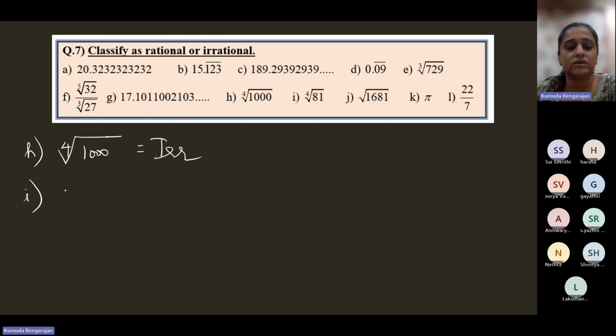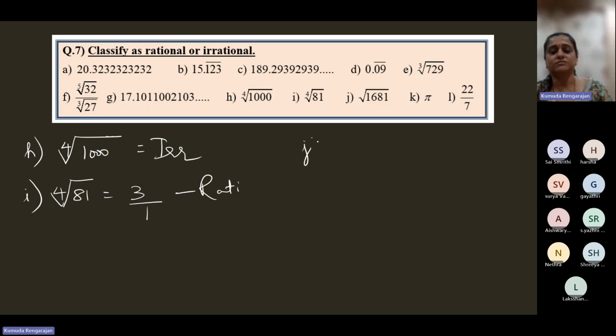I, fourth root of 81. What's the value of the fourth root of 81? 3. 3 is 3 by 1. Integer by integer, rational number. What about J?